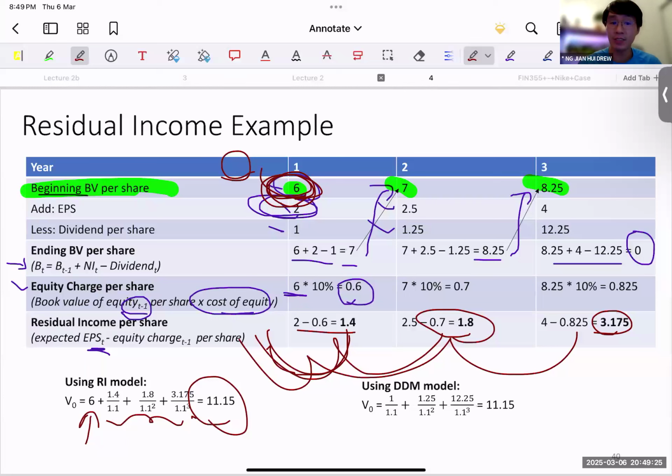Okay. Any questions for this residual income? Because this is quite different, I encourage you to try out the examples at the end of this lecture because it is a slight tweak in terms of how you usually do the calculation. Any questions on this? Any confusion? Where is the 1.1? 1.1 is the discount rate. The discount rate is 10%, so it's 10% plus 1.